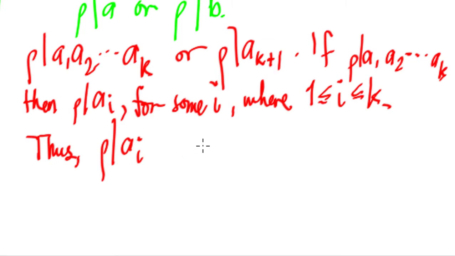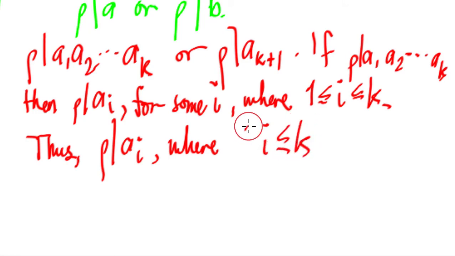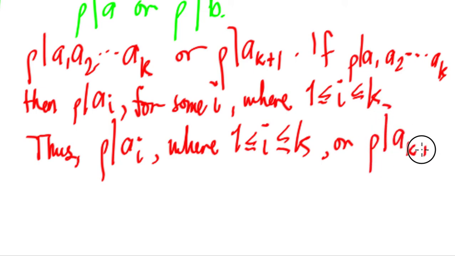So p divides a sub i, where i again is between, not strictly, k and 1. Or p divides a sub k plus 1. This is still by theorem 1.